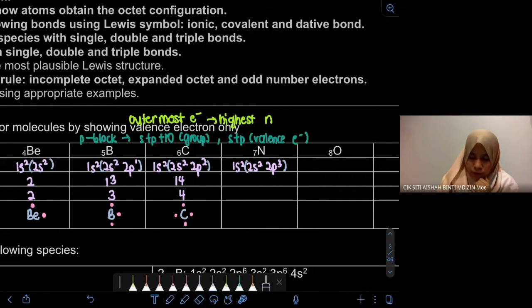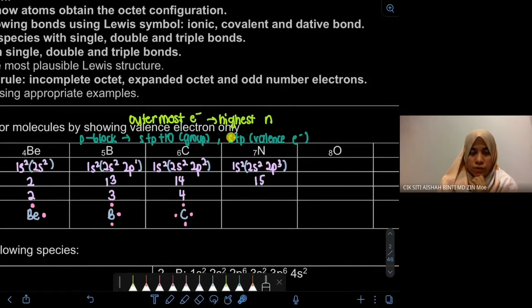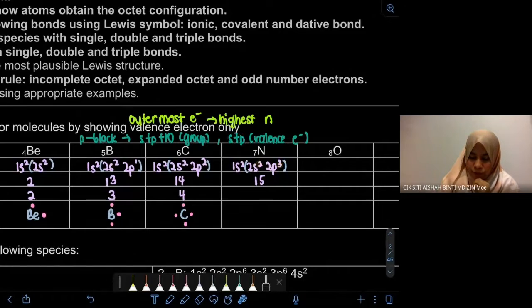Kalau group dia, again, number of electron on S plus electron on P plus kan dengan 10. So we do get 15. Okay, tapi berapa valence electron? Valence electron is actually electron on S orbital and P orbital. So tambahkan je lah. So we do get 5.